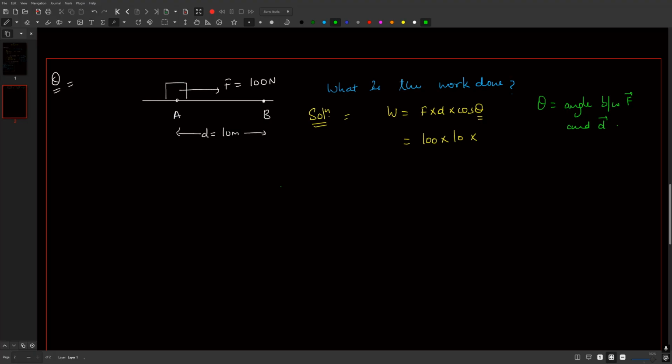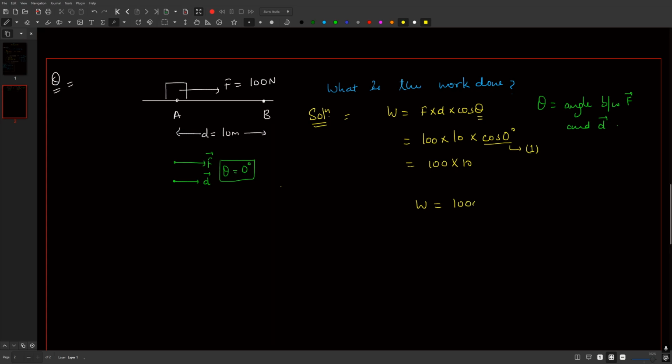So now if you pay attention, force is acting in this direction and displacement is acting in this direction. So what is the angle between force and displacement? It is 0 degrees. They are acting in the same direction. So cosine 0 degrees, I hope many of you know that it is 1. So we have 100 times 10.